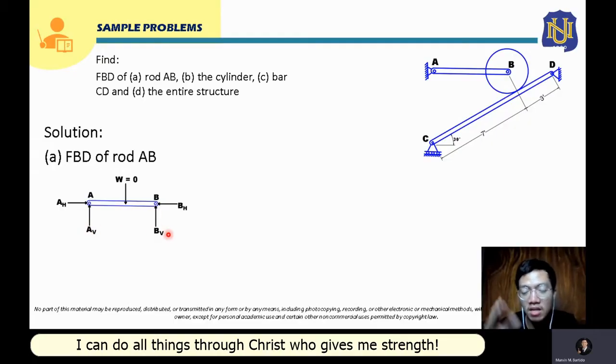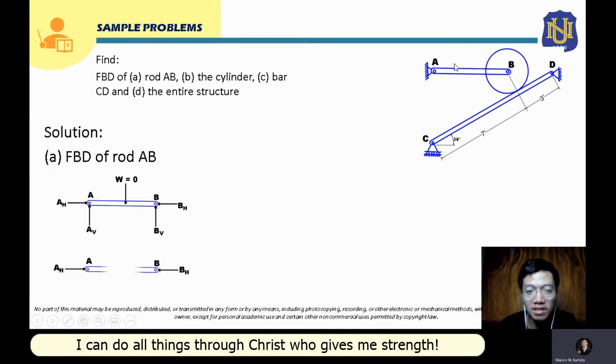But since the weight here is 0, there is no weight that AV and BV will support. Meaning, if we sum up vertical forces and W is 0, AV and BV will just be 0.